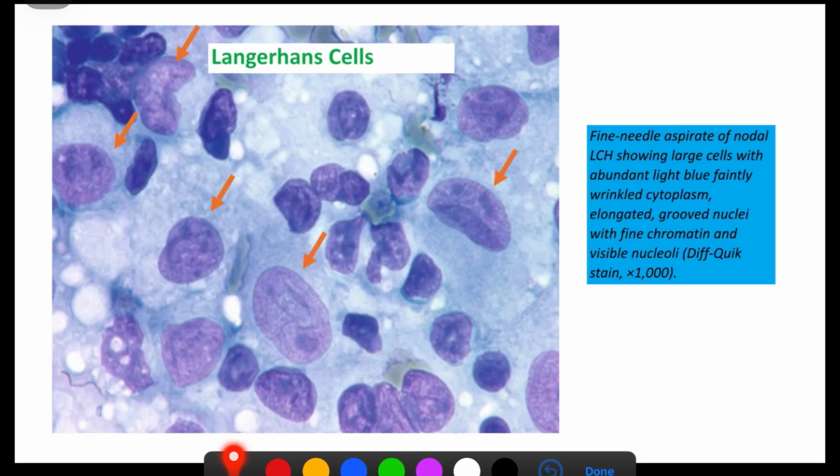So, this is nodal involvement by LCH, where you identify all these Langerhans cells having light blue faint cytoplasm, elongated nucleus, grooved nuclei, and fine chromatin with visible nucleoli. So these are the Langerhans cells, and you can identify intersecting grooves.